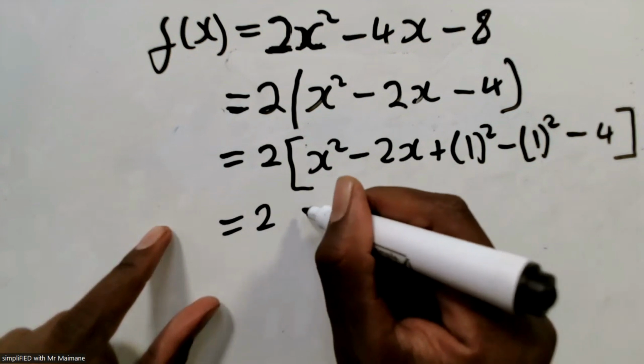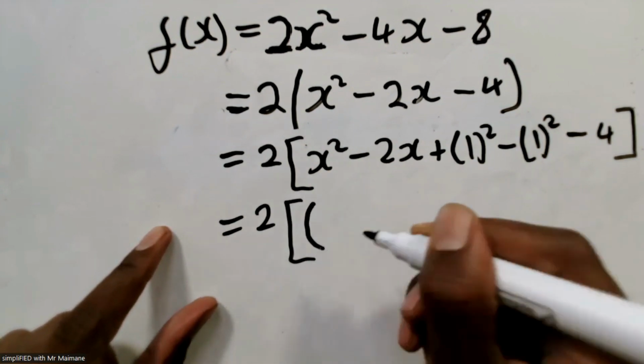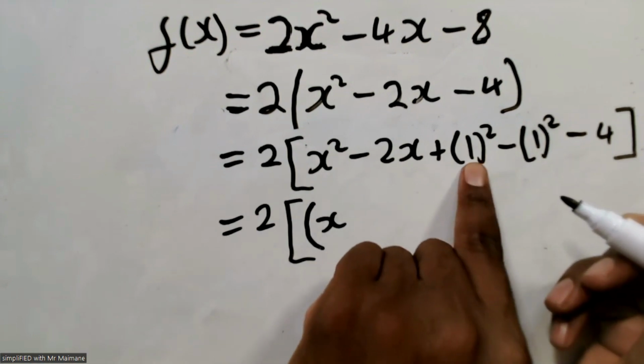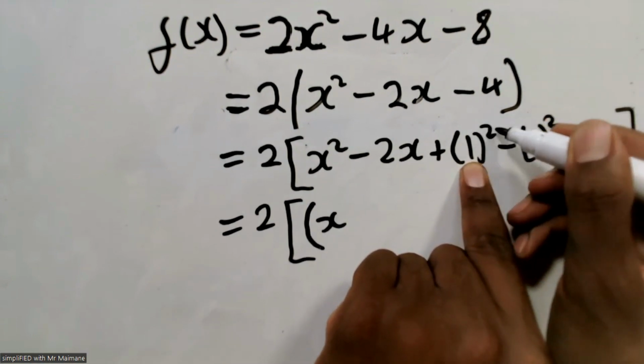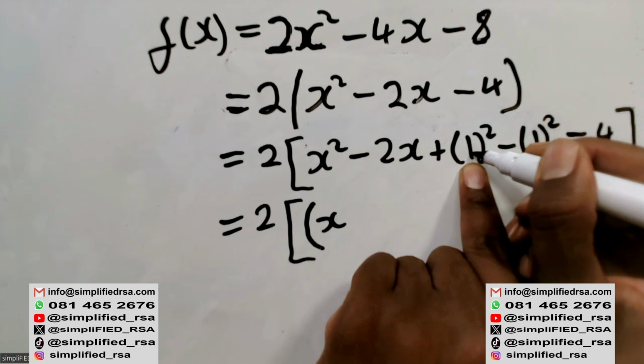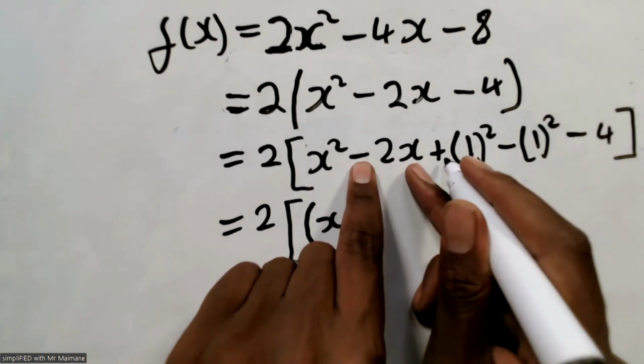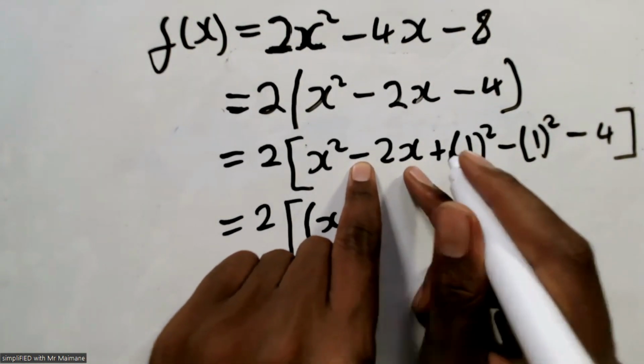So going forward, to complete the square, I'm just going to take this as x, and then I take the 1 that is inside the square. I don't include the square, just the number inside the square. But the sign, I take the sign of the coefficient of x.